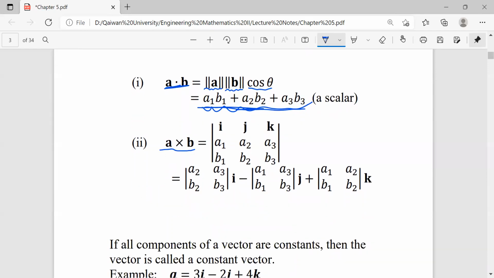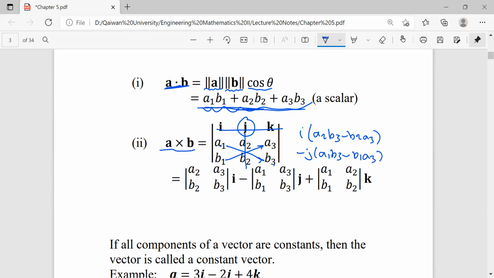For the determinant, we take the first row. We remove column 1 and row 1, and then we say it's i times multiplying these two minus multiplying these two: a2b3 minus b2a3. Then for j, we remove these two and get a1b3 minus b1a3, and it's minus j times a1b3 minus b1a3.